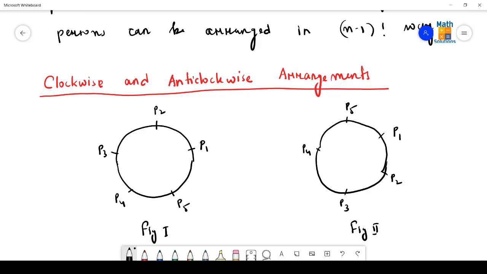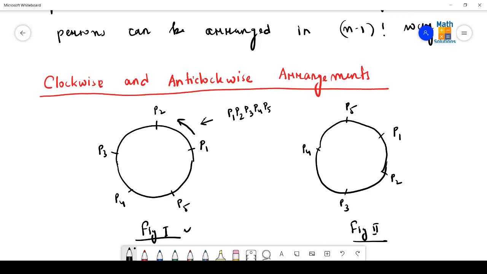In the first figure, if we proceed anti-clockwise, the arrangement of the persons becomes like this: P1 followed by P2, then P3, then P4, then P5.